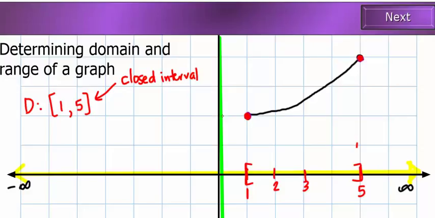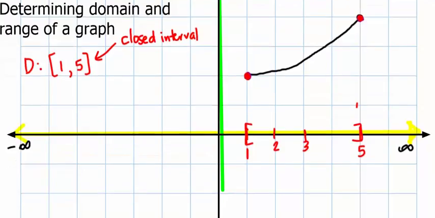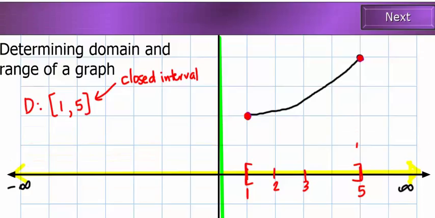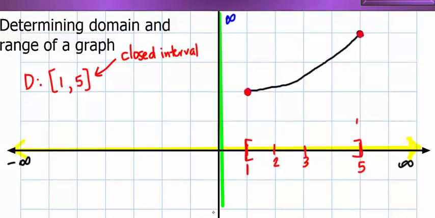Tilting my head and looking at this as I did the horizontal axis, I've got -infinity down at the bottom of the graph, and I have +infinity towards the top of the graph. Now, there aren't any negative outputs. So none of these negative values are included in my range.